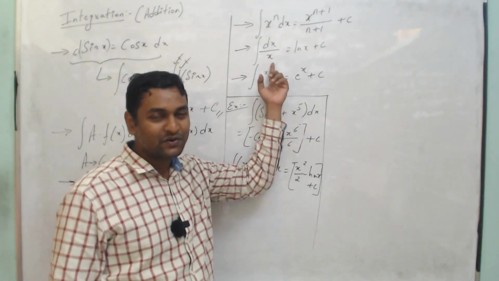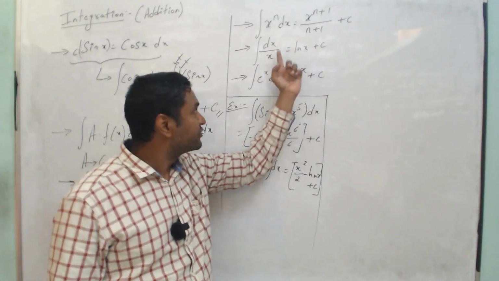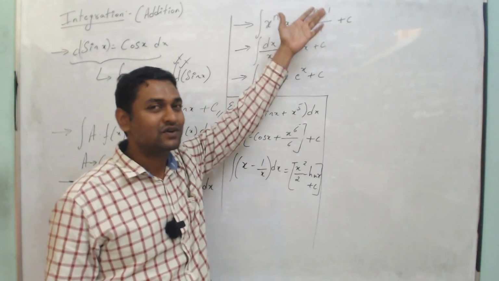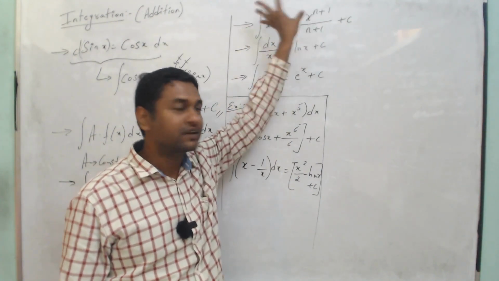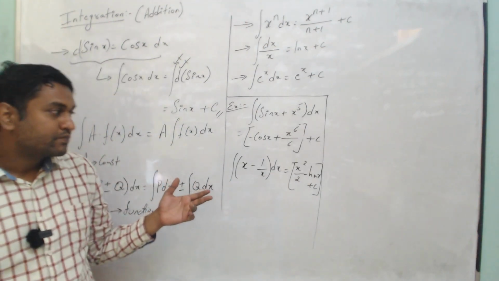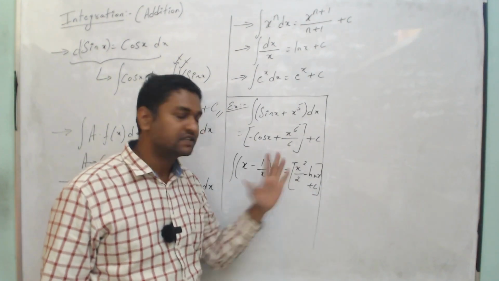I already wrote that the integral of dx by x is ln x plus c. When you have x to the power minus 1, that integration formula will not work. So basically x square by 2 minus ln x plus c.